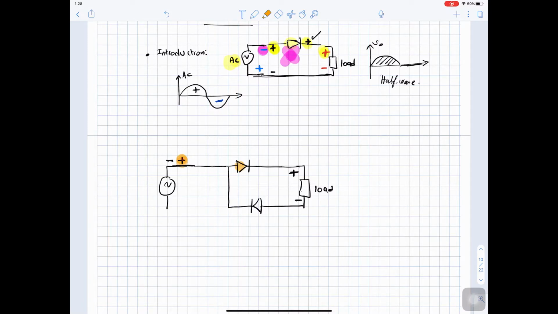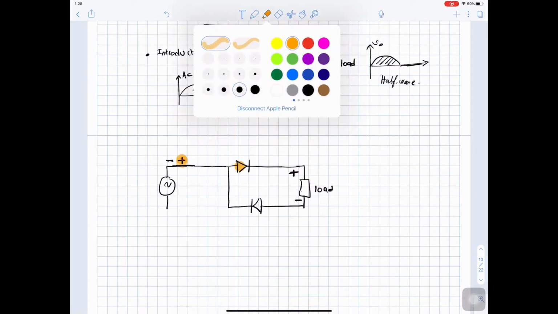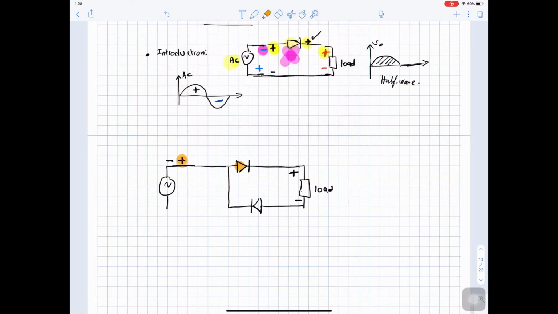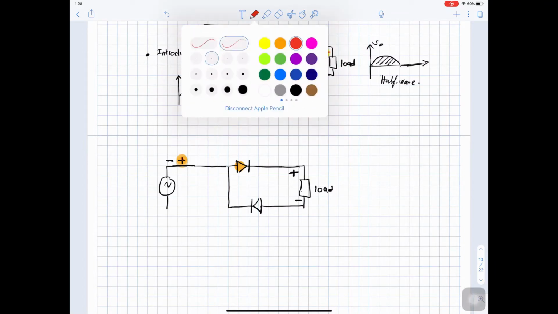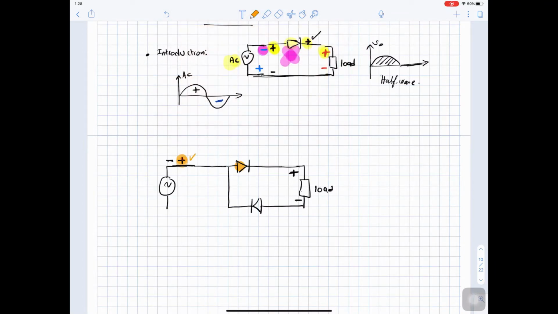This diode will be forward and this diode will be reverse. So when this is positive, this one will be forward and this one will be reverse, which means that the positive will go through this diode here and this terminal will be positive.